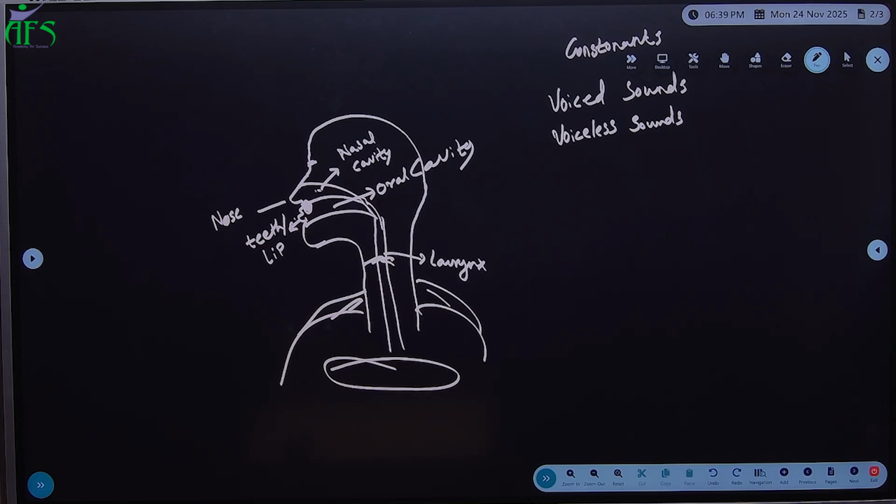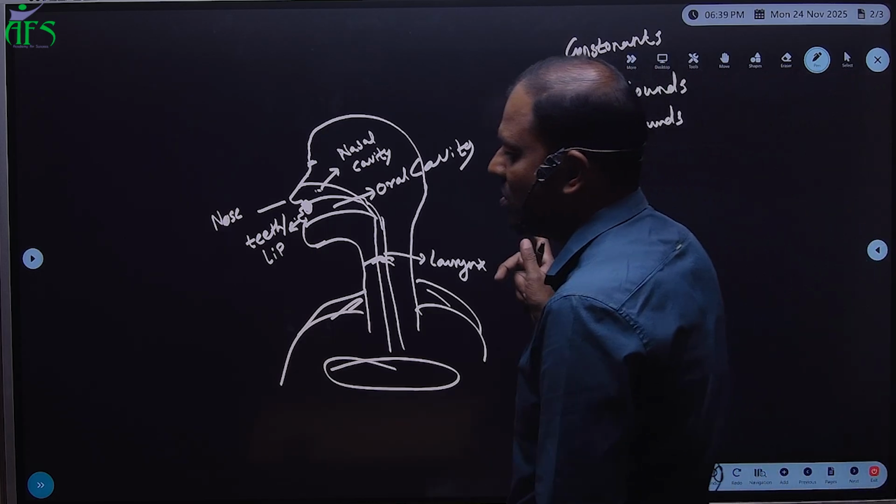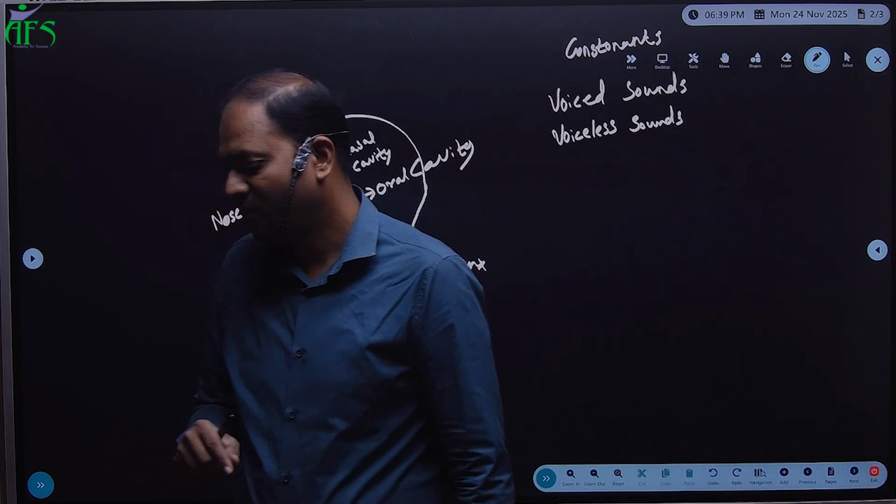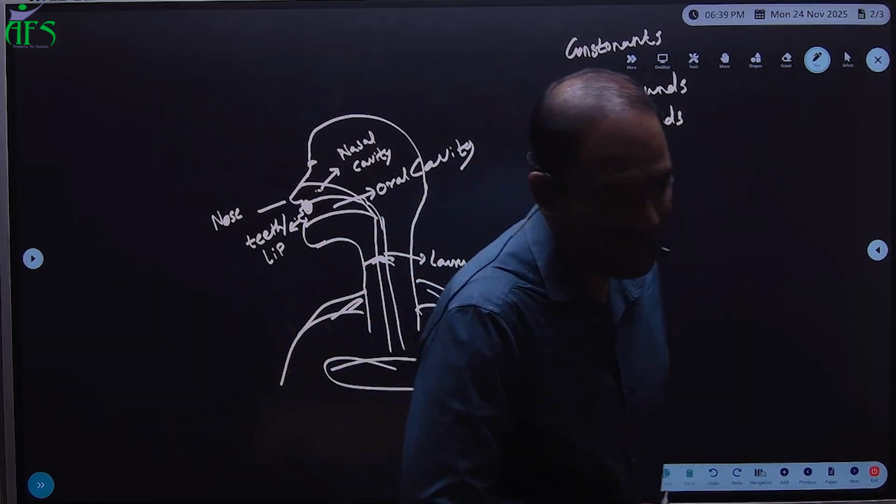You will find a good number of sounds in alveolar sounds, around 6 sounds, the z, l, are the 6 sounds in the alveolar category for place of articulation.